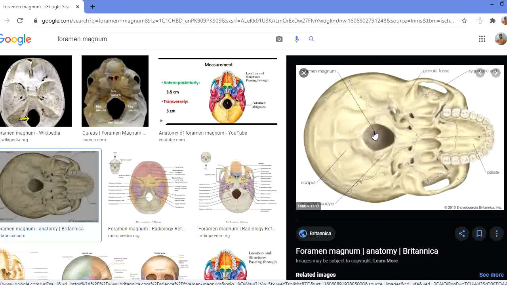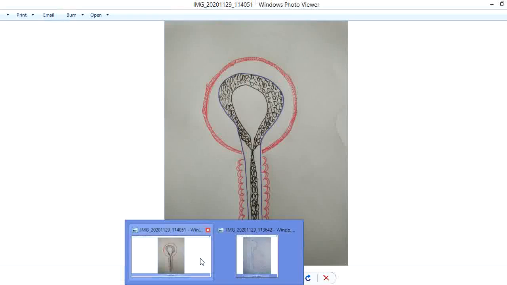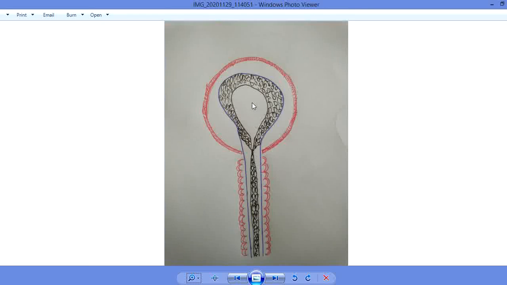From this foramen magnum the spinal cord arises. Below the foramen magnum you can call this area the spinal cord, and above the foramen magnum you can call it the brain or the brain stem.